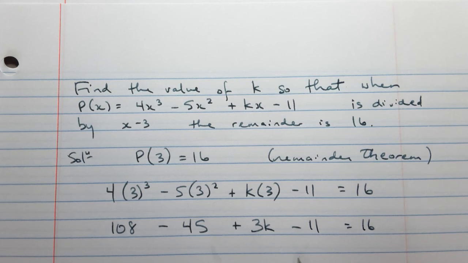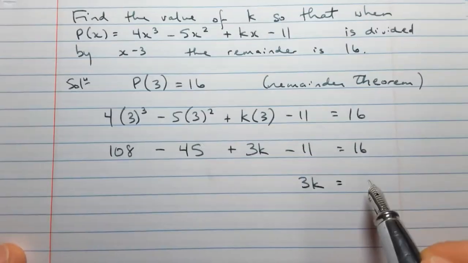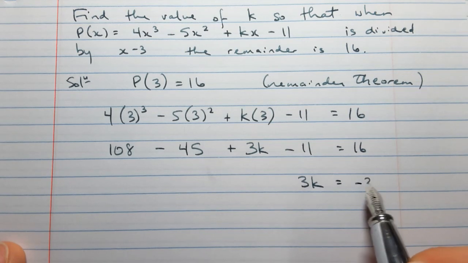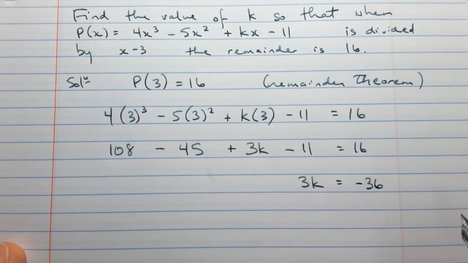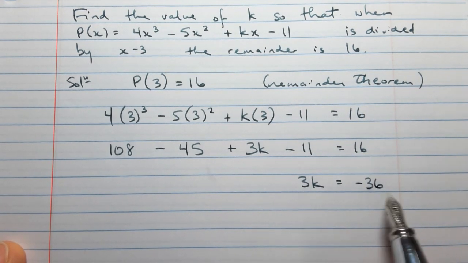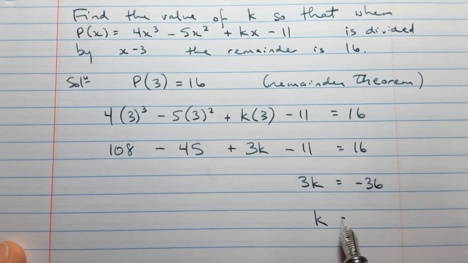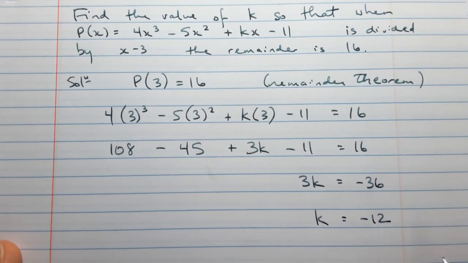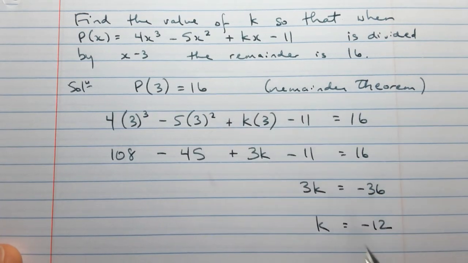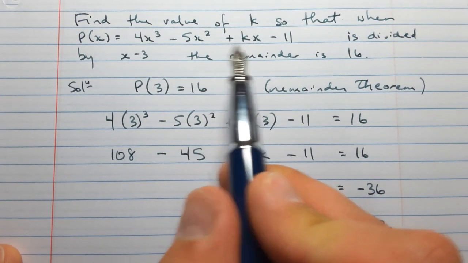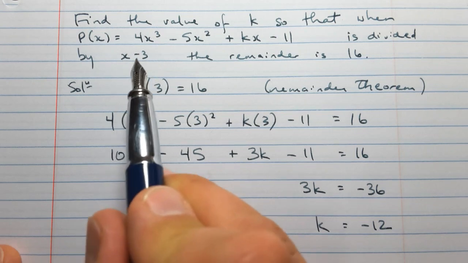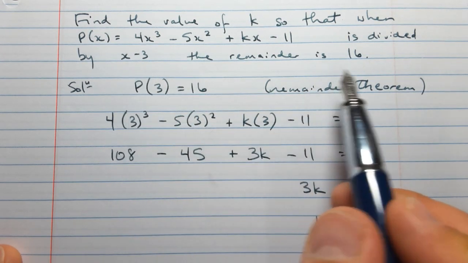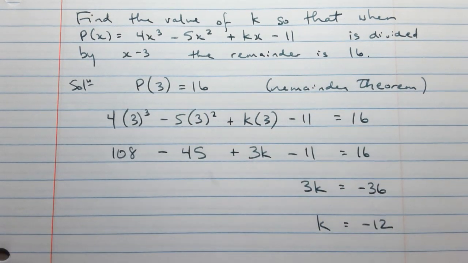So on this side, 3k, and if you collect all this stuff and subtract from both sides, you're going to get negative 36 over here. So just collect like terms and reorganize your equation. Dividing both sides by 3, I will get k is negative 12. So negative 12 is the value for k that will, when you divide the polynomial by this binomial, give you exactly the remainder 16. Okay, thanks very much.